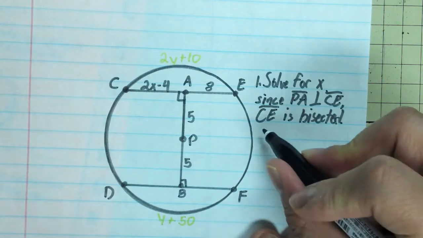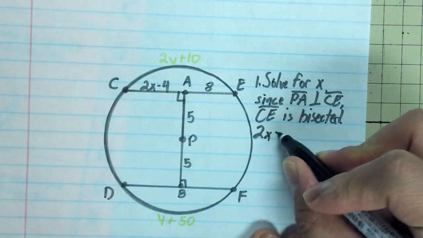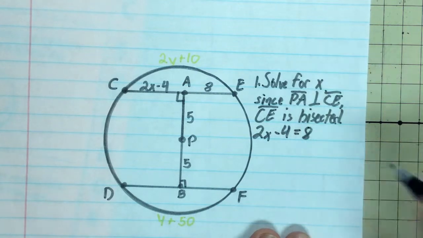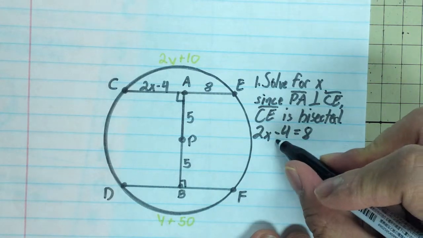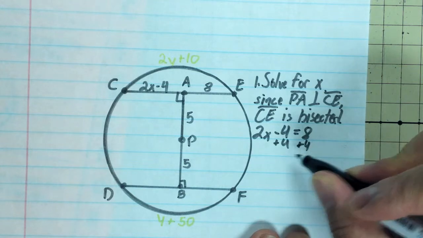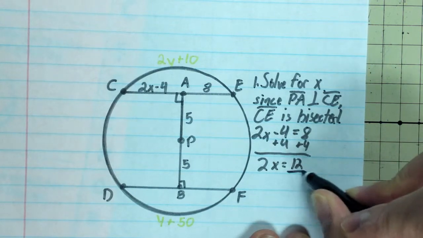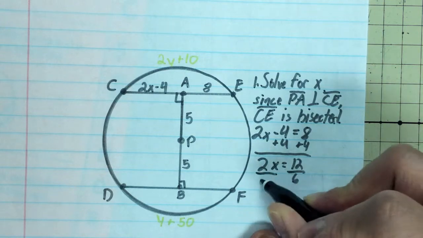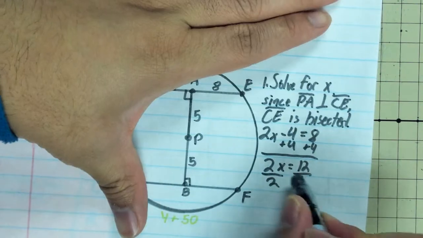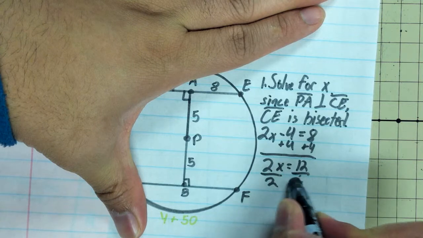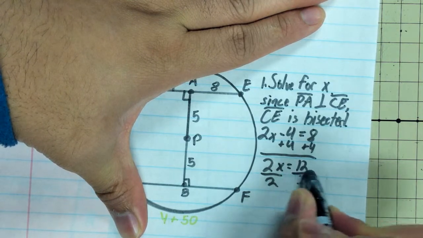So my equation is 2x minus 4 equals 8. Solving for x. Oops, that should be divided by 2. Let me fix that real quick.